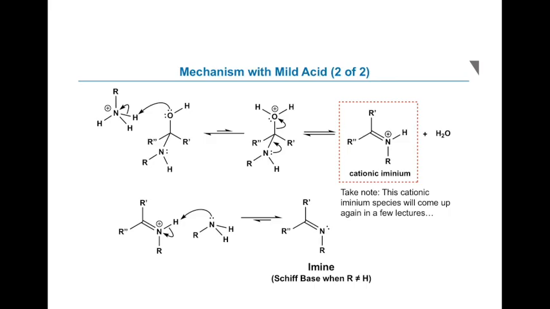You may see this in other notations, where what we're saying is as long as that's an R group, especially an aromatic R group, that's given a special name as a Schiff base. So there's one more point I just want to quickly mention about this addition. So if we start off with, let's say, a carbonyl, let's say I've got a methyl and, let's say, tertiary butyl on the other side.